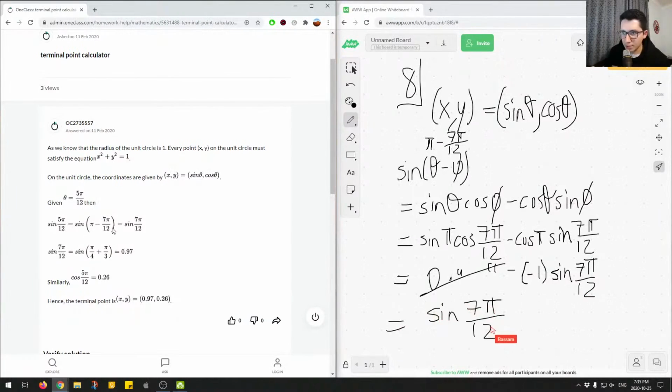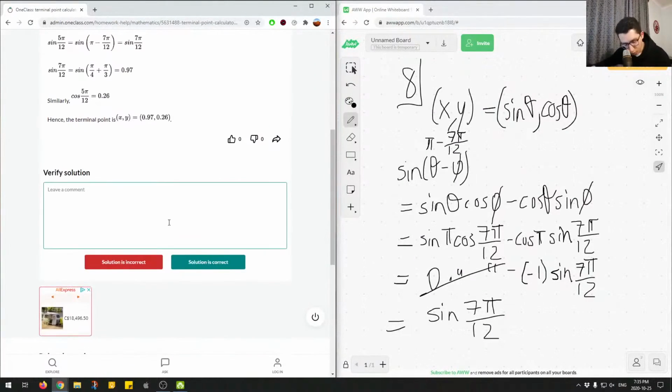This step is really unnecessary unless you want to go further into the solution and try to get a fraction for 0.26. But in this scenario, we're not asked for that. We're only asked for this solution, which we already validated. So we'll say the answer is correct. Great job. And we'll mark this as correct.